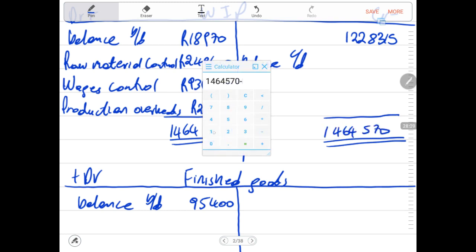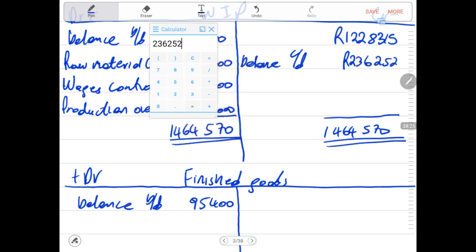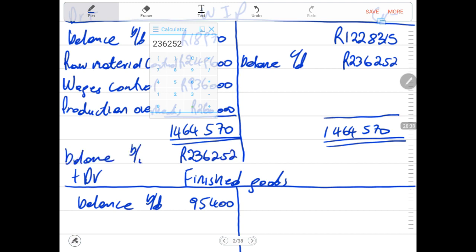Then we deduct what was finished: 1,228,315, and this gives us 236,252. So now this is the balance of the work that is still in progress, which becomes an opening balance next period: 236,252. And this will be our balance that is brought down.